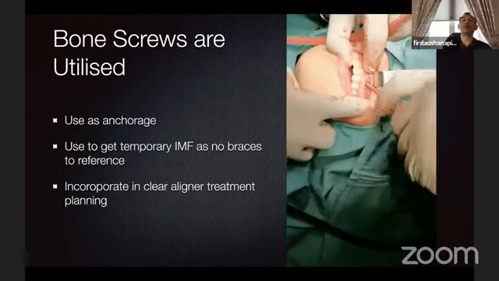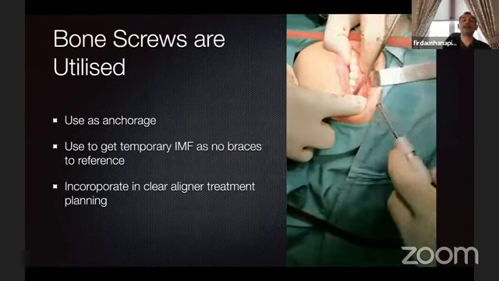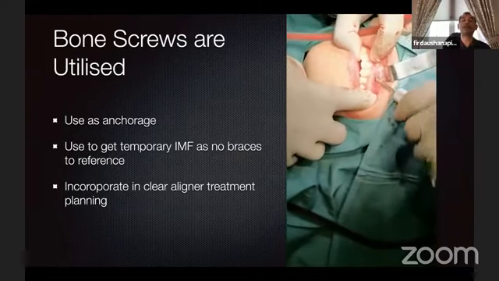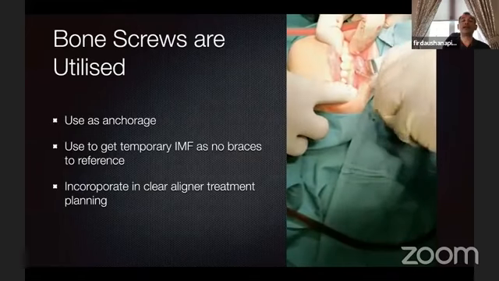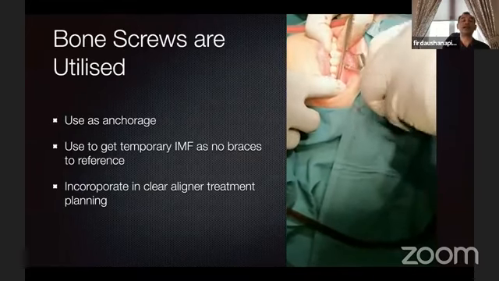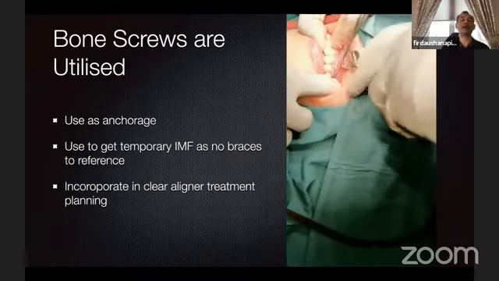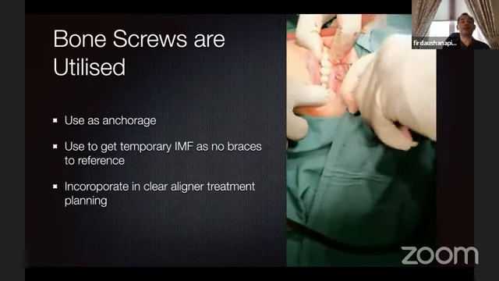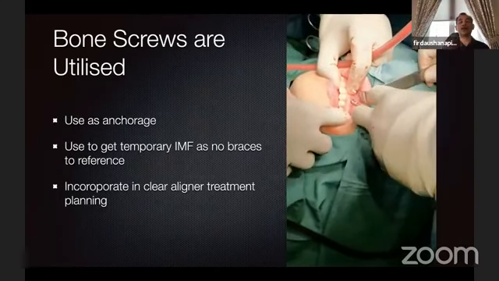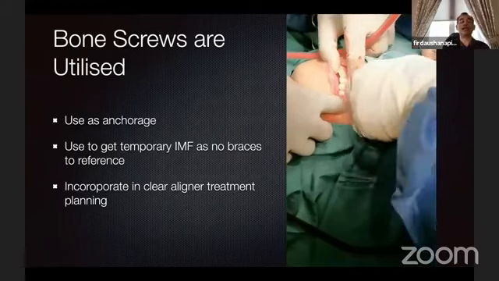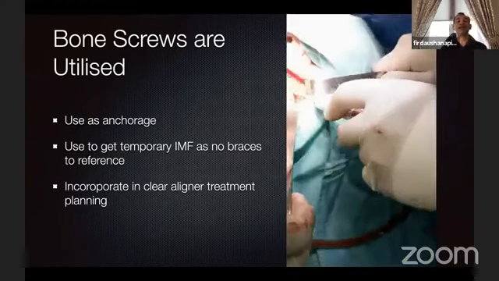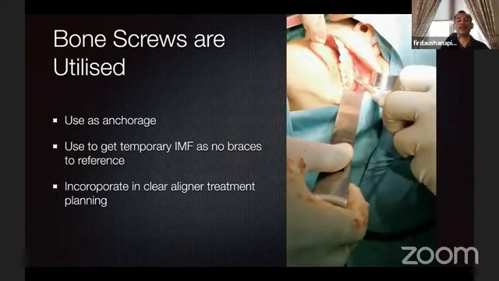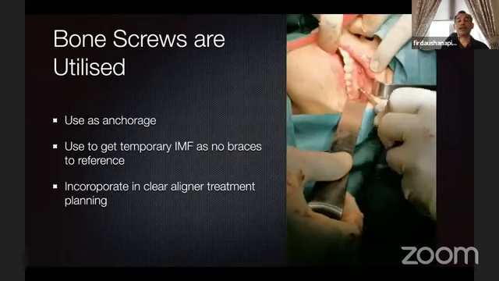So how are we going to put the maxilla and the mandible together to make sure that the alignment is there? One of the things we've done is use bone screws as an anchorage for later use to incorporate the clear aligner, but also in this case as a temporary intermaxillary fixation.